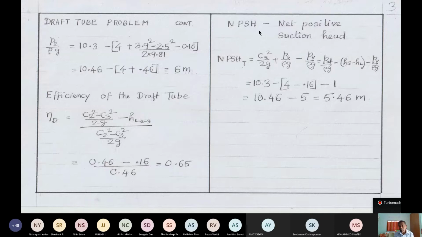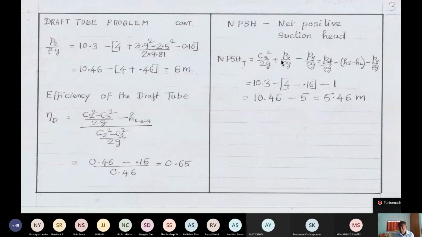Now the last thing is about net positive suction head. We had seen this with respect to pumps. So here also we can find out. By definition, it is the absolute pressure at the location above the vapor pressure.